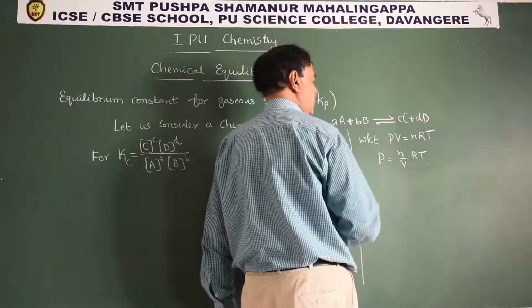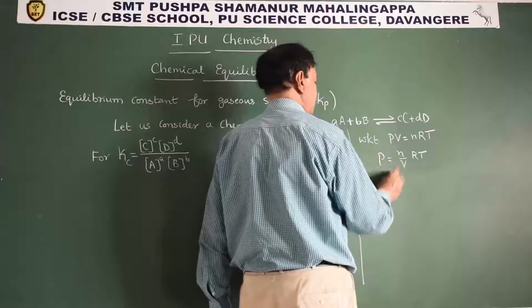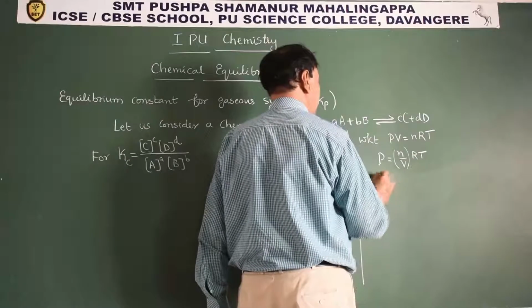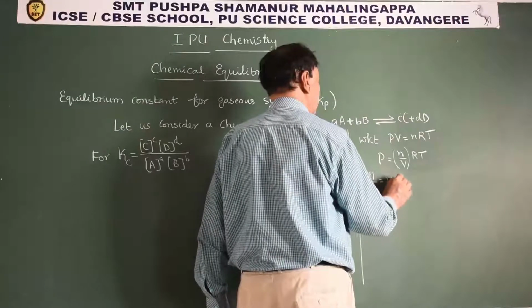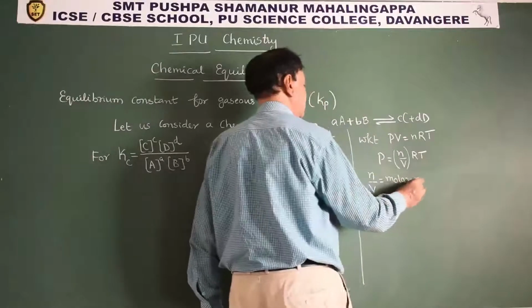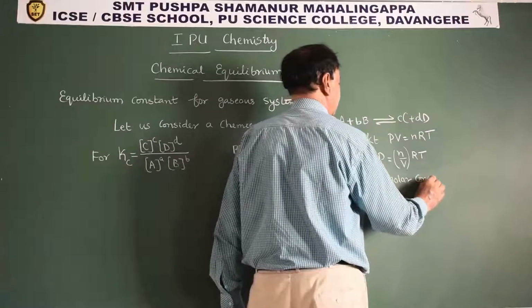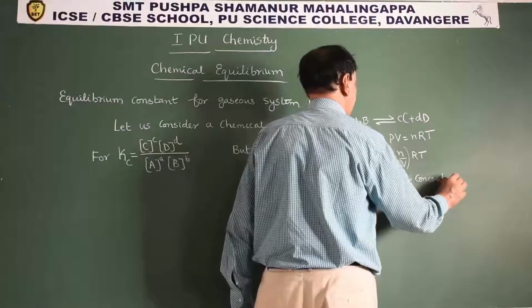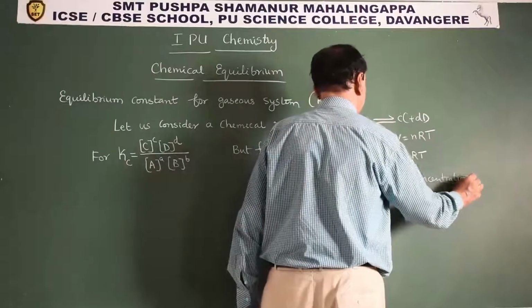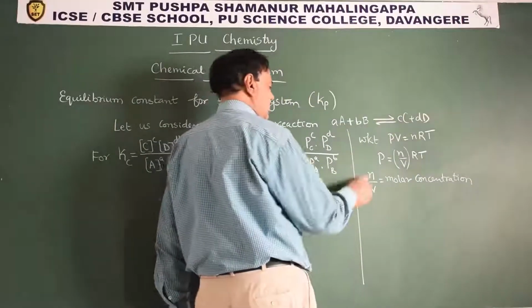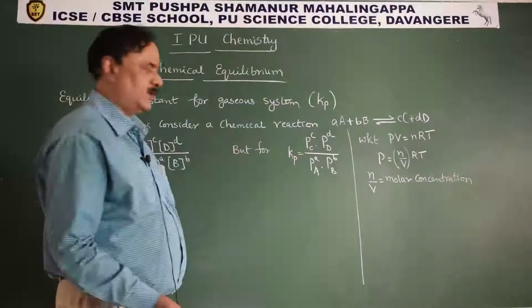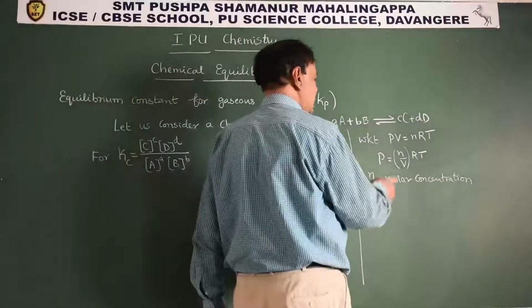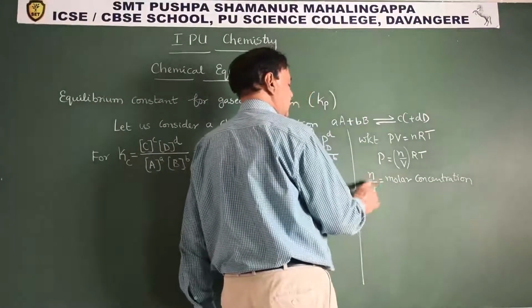What do you mean by n? n by V is equal to the molar concentration, because n is the number of moles and V is the volume of the solution.